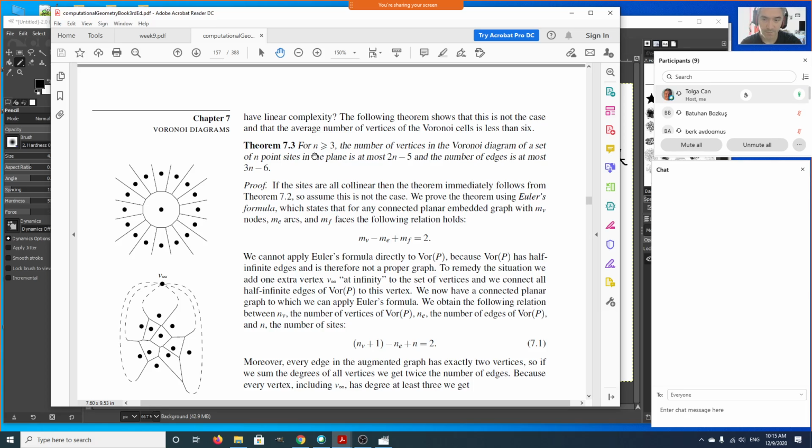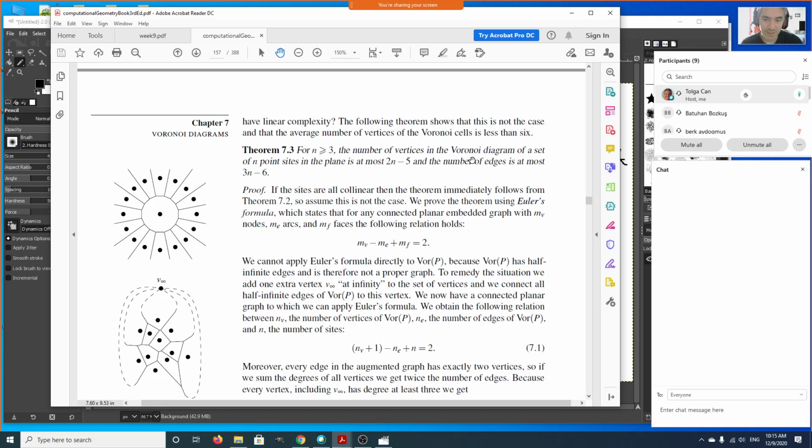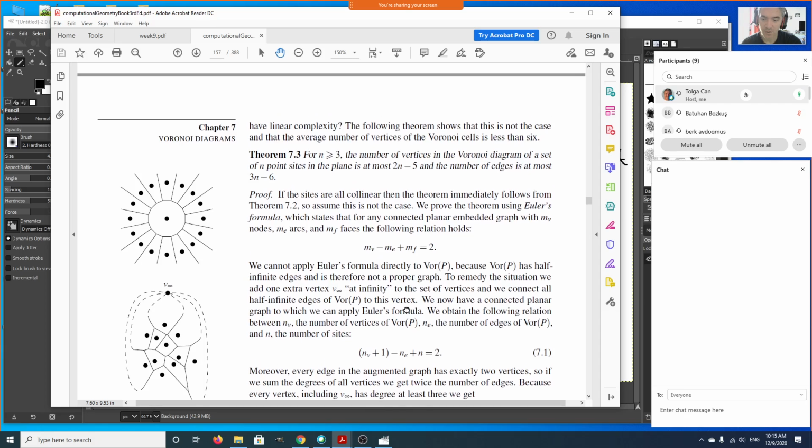For n sites, the number of vertices can be at most 2n minus 5, and the number of edges can be at most 3n minus 6. Which means that the number of vertices and the number of edges can be linear at most. So the total complexity of the Voronoi diagram is linear. We don't have a quadratic complexity.